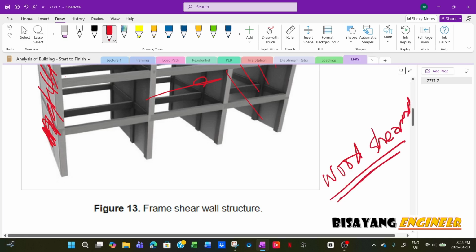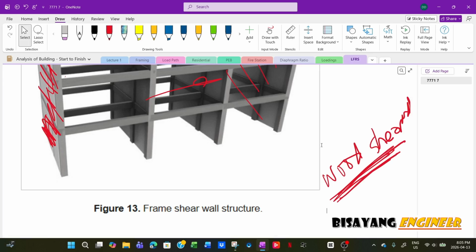If you understand the wood shear wall, I would recommend studying that one if you want to know shear wall, because it is way more complicated than a concrete shear wall. But we will discuss that later, because there are ways also to analyze a shear wall.